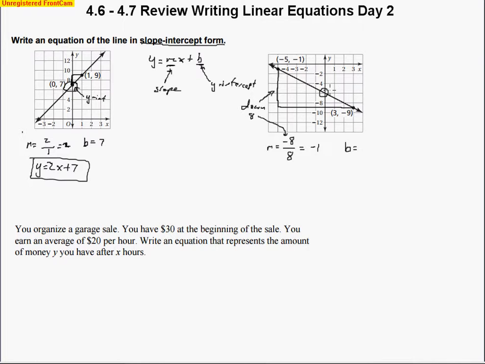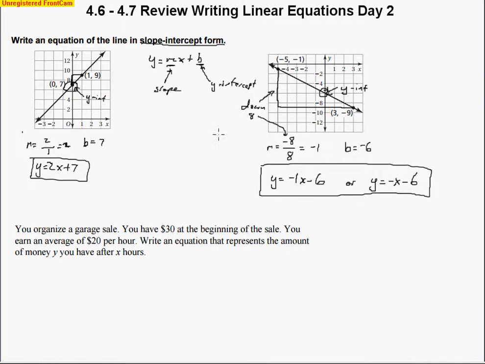Right here it is, and that looks like it's going to end up being -6. So that's my y-intercept at -6. So I just have to write the equation in that slope-intercept form. So I'll write -1x minus 6, which is the same thing as saying y equals the opposite of x minus 6. Either way ends up working.